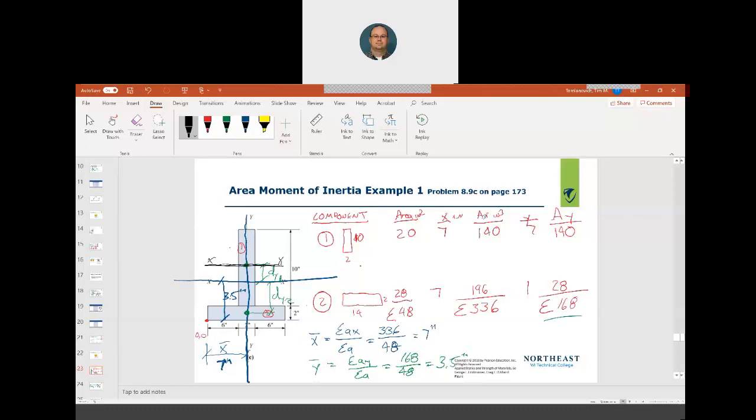These two lines are parallel, so it's the distance in between. We need to figure that out. We know it's 5 to there.